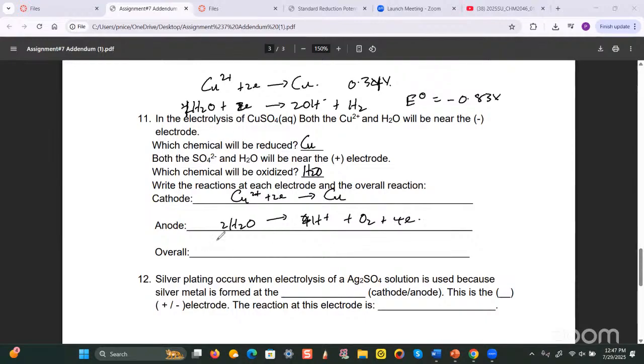And then for the overall reaction, we have to multiply this by 2 so that the 4 electrons will cancel out here and here. So the final answer would be 2 Cu2 plus 2 H2O to give 4 H plus O2 plus 2 Cu, and that would be it.